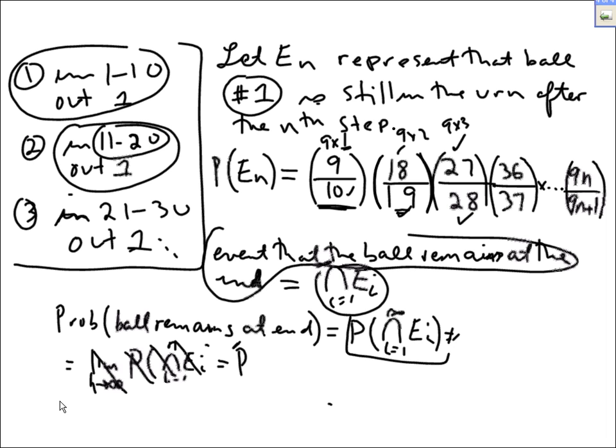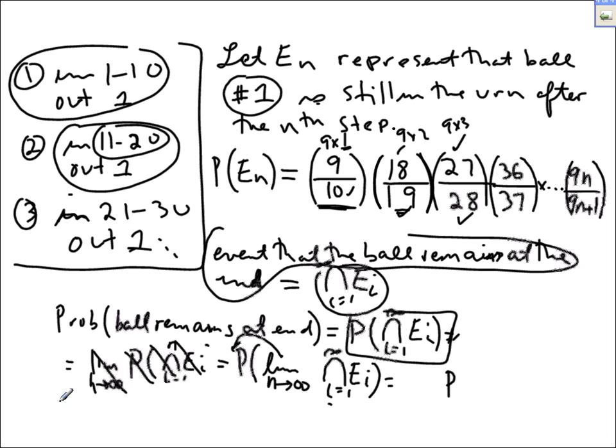This here, or what's inside the brackets, is the same as the limit as n goes to infinity of the intersections of E_i as i goes from 1 to infinity. But now our proposition says we can take the limit out.